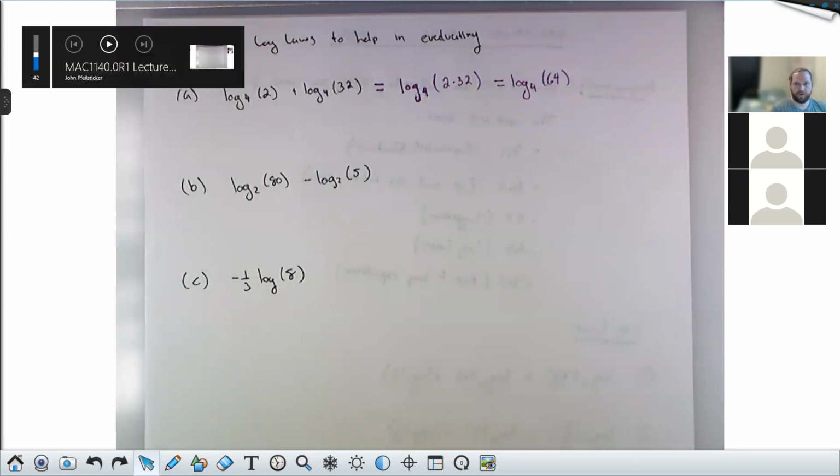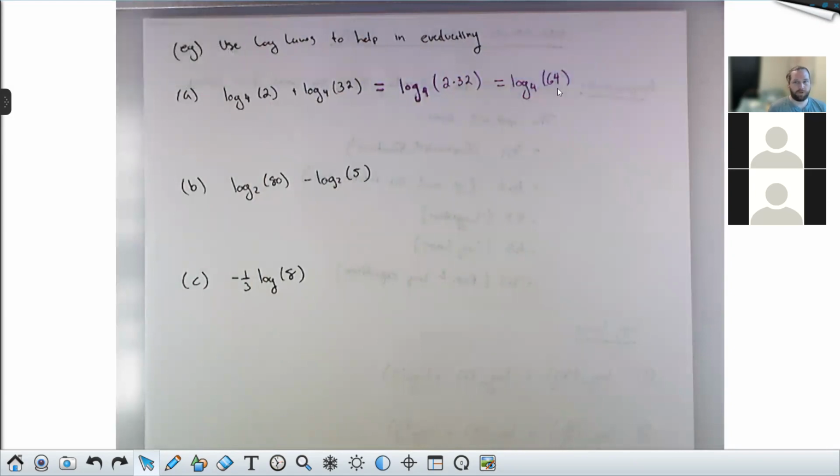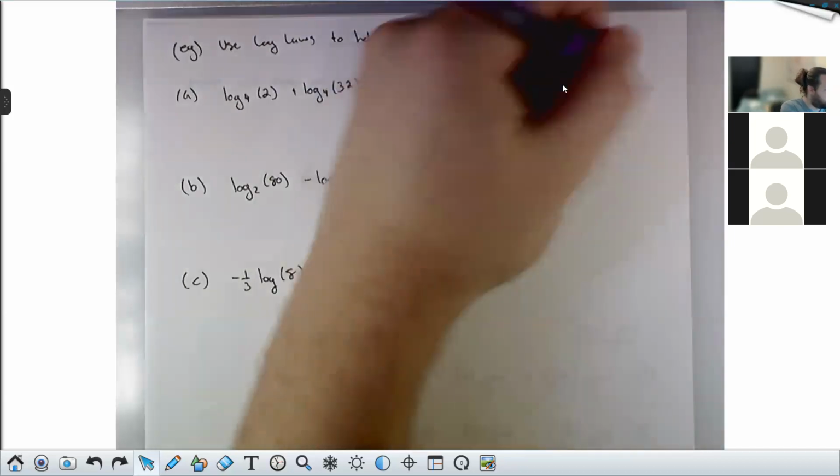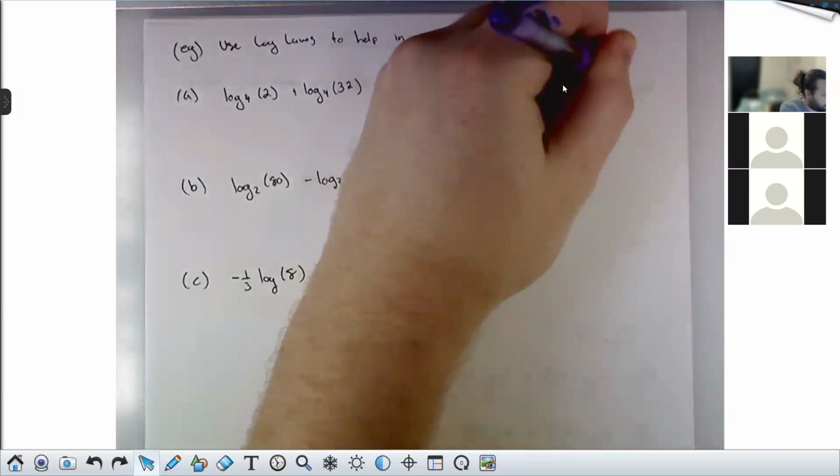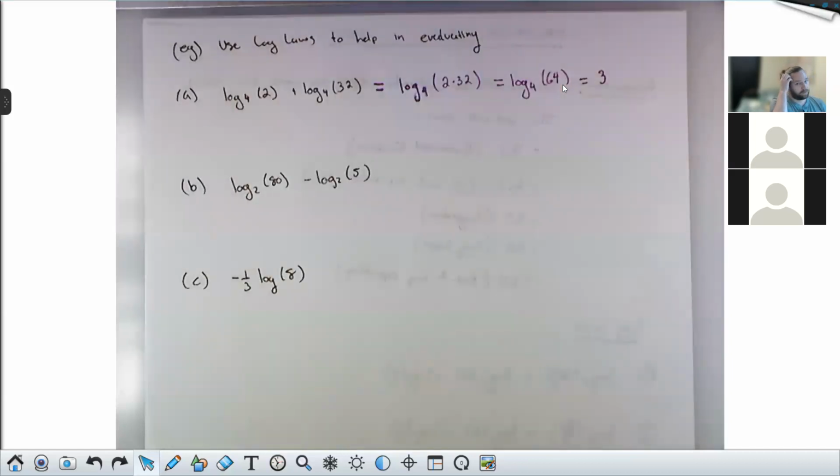I heard it from Eric there. So remember, the question you need to ask yourself when you're trying to compute something like this is, to what power must I raise this base 4 in order to get this inside 64? So 4 to the 1 is 4. 4 squared is 16. 4 cubed is 64. So the base 4 log of 64 is 3, because 4 to the 3 is 64.